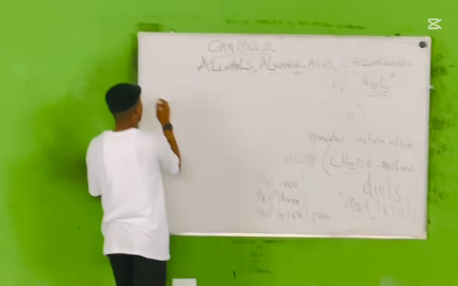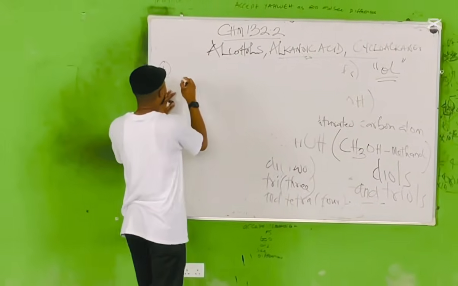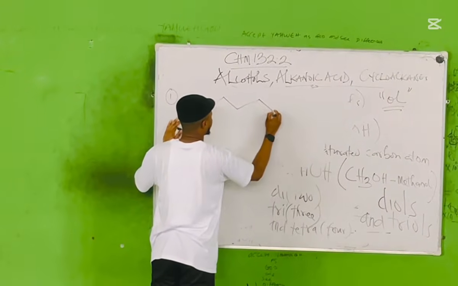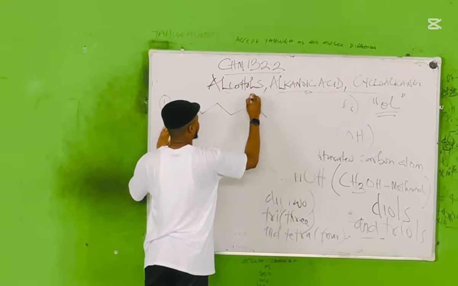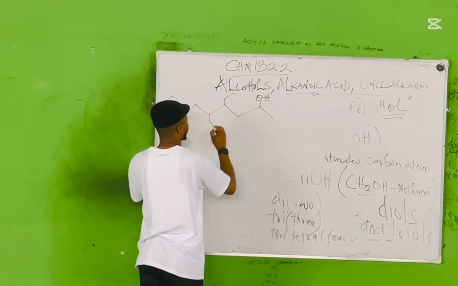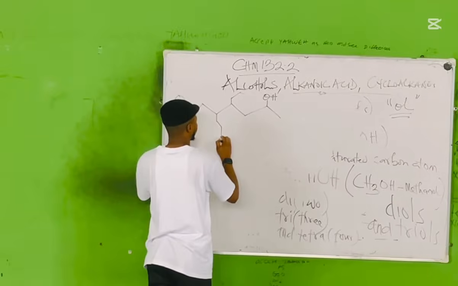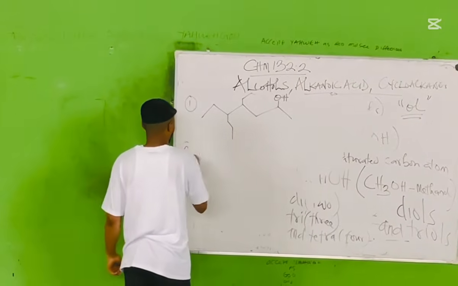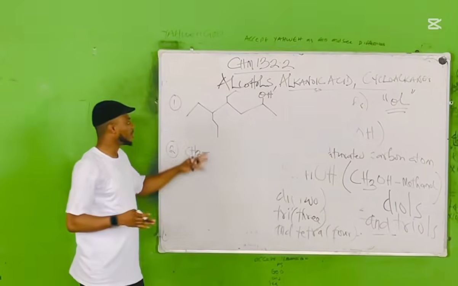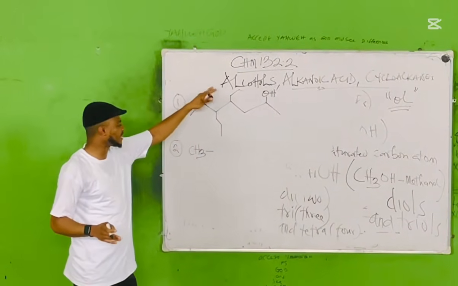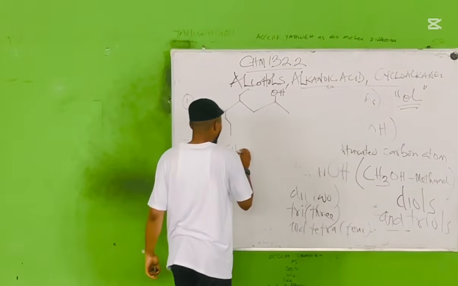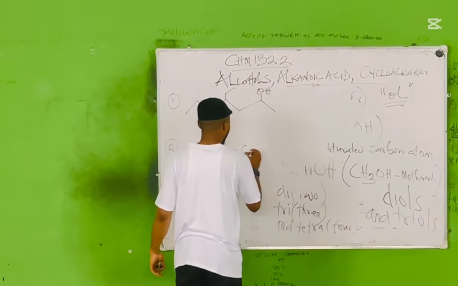If we have number one, we have a structure like this. I always like mixing up the structures, skeletal and structural. So we'll get used to both of them.